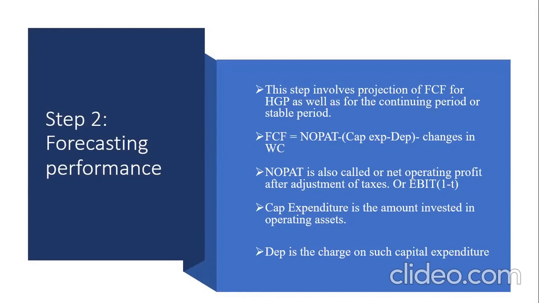For both these periods, cash flows have to be projected, wherein FCF is equal to NOPAT minus capital expenditure minus depreciation minus changes in working capital. NOPAT is net operating profit after adjustment of taxes. Capital expenditure is the amount invested in the operating assets. Depreciation is the charge on such capital expenditure. Changes in working capital is the difference in working capital across the years.